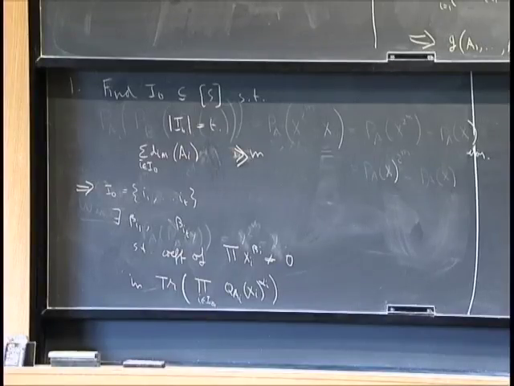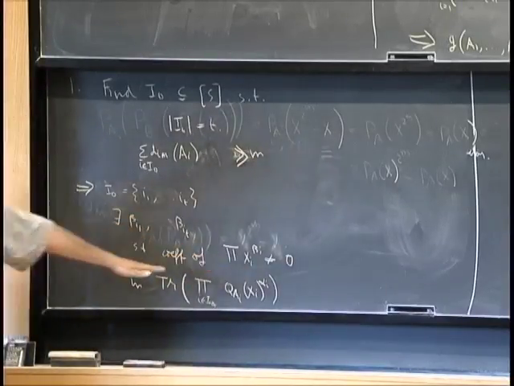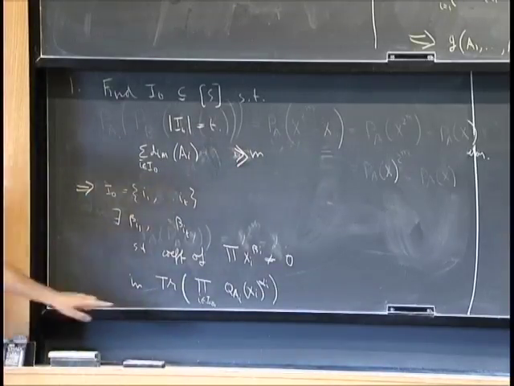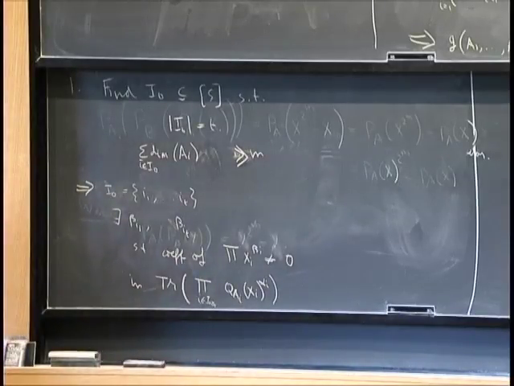But there are two simple observations: the coefficient of the product of x_i to the beta_i in this polynomial and in this polynomial, when you look at the term corresponding to I naught, are exactly the same, for this particular I naught.